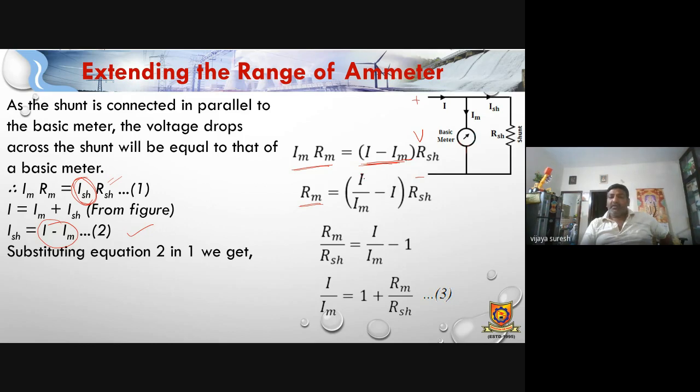Rm by RSH, the factor we are calculating, equals I by Im minus 1.